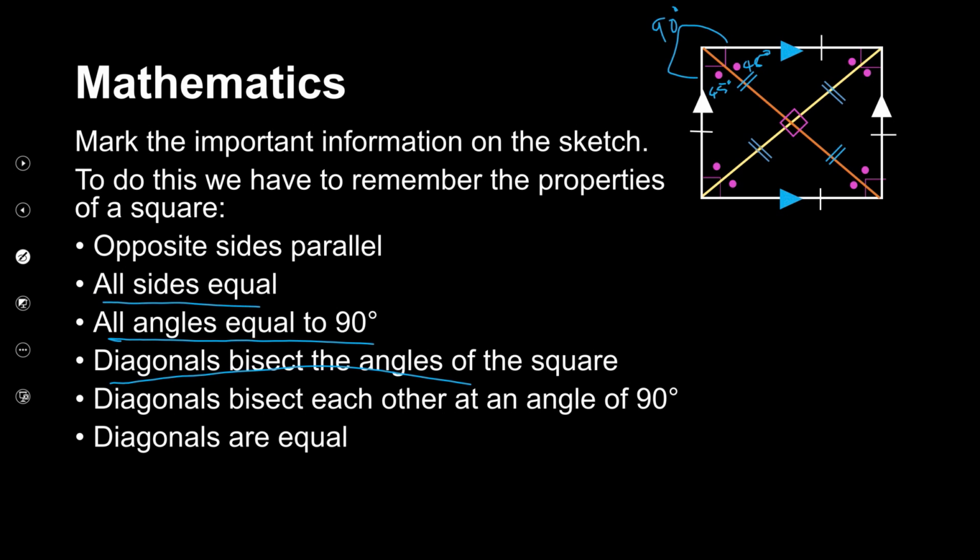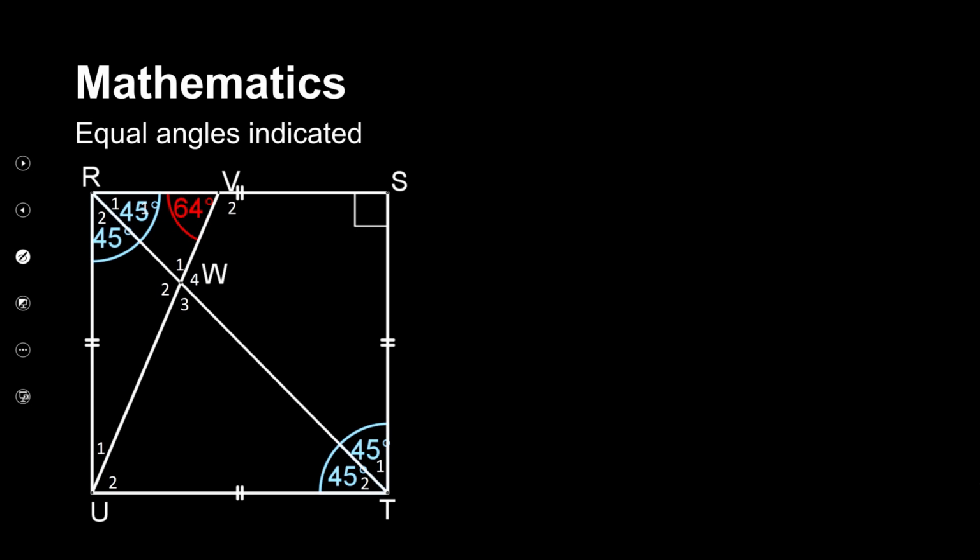So all of these angles will be 45, 45, 45, 45, just because the diagonals bisect those angles. And then also the diagonals bisect each other at 90 degrees. So I have a lot of 90-degree angles there. Lastly, the diagonals are equal to each other, which introduces the concept of us looking at isosceles triangles.